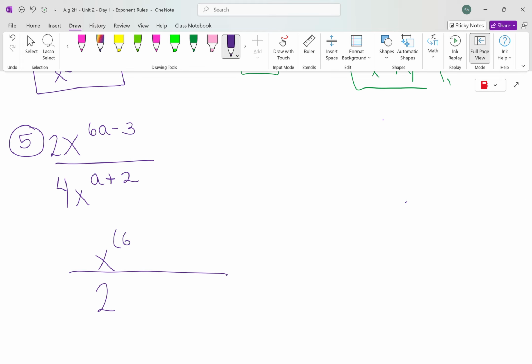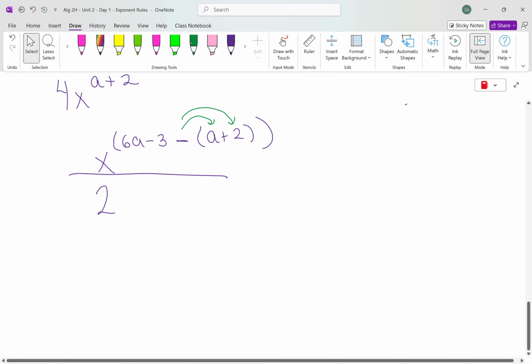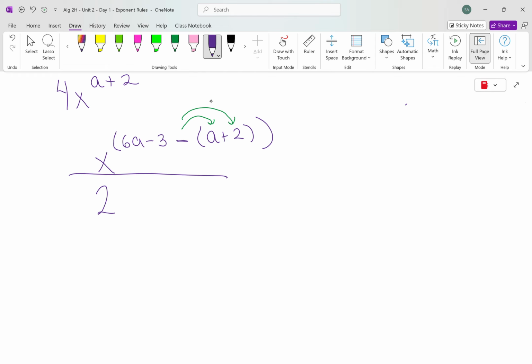We keep our base and do what with our exponents? Subtract them. So this is going to be 6a minus 3 minus. But aren't I subtracting a whole binomial, a plus 2? Do I need parentheses around that a plus 2? Absolutely, because I'm not just subtracting the a, I'm subtracting the a and the positive 2. So we have to have those parentheses to distribute it in.